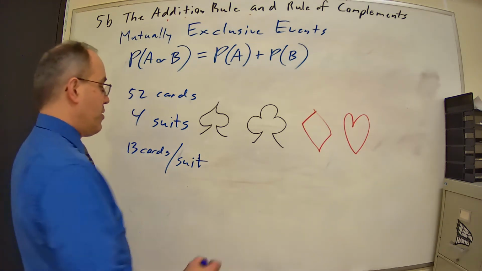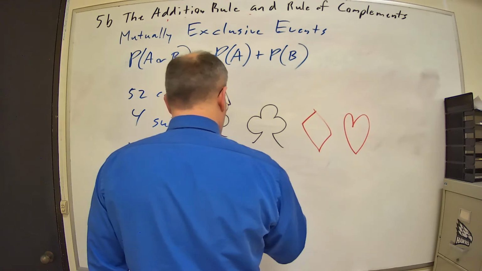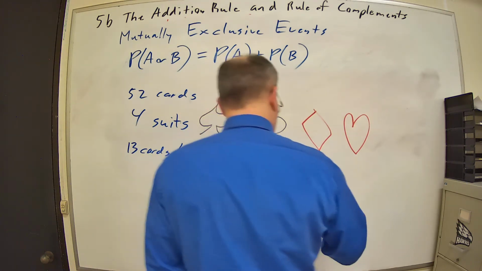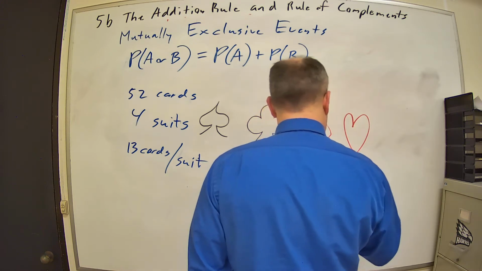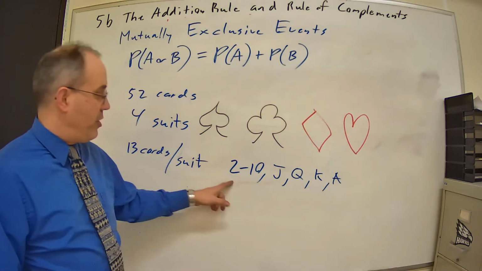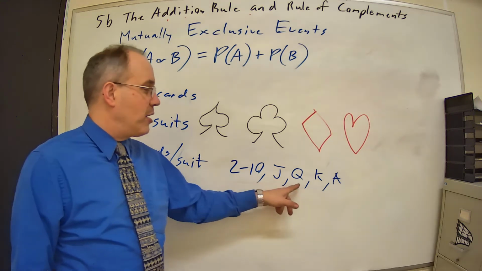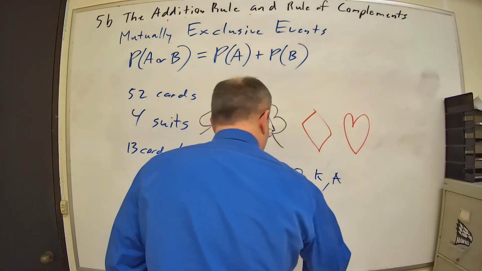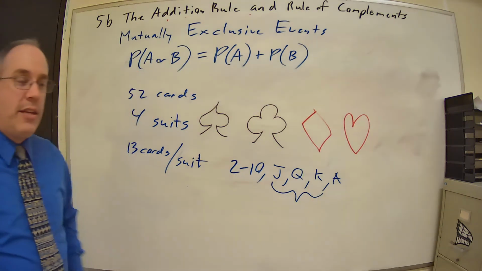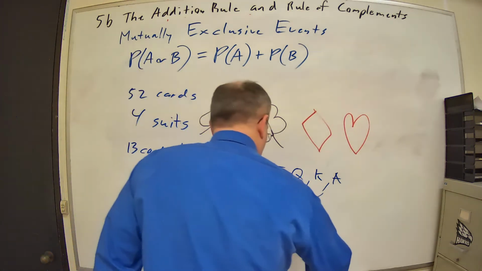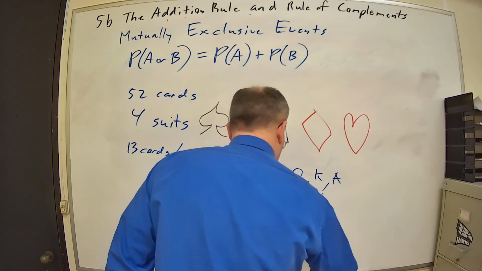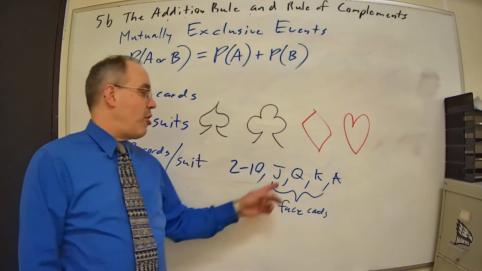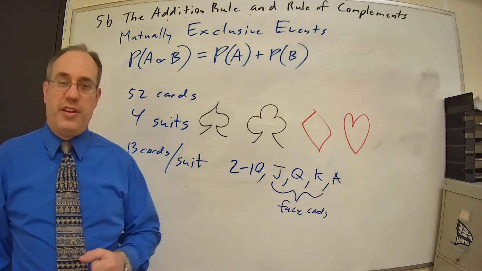Per suit, those are the numbers 2 through 10, Jack, Queen, King, and Ace. Jack, Queen, King are all face cards, because they are people and they show a face of a person on them.